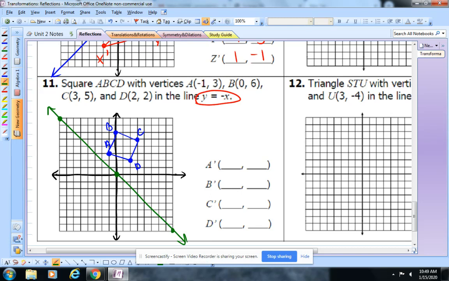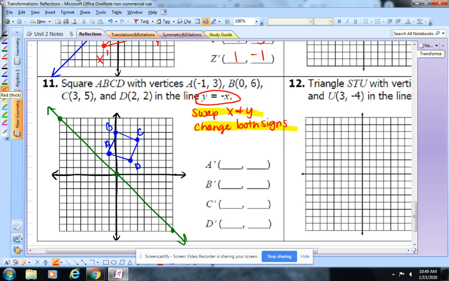When it's negative x, we're going to swap x and y and change both signs. So write that down. Swap x and y and change both signs. So if it's y equals negative x, we're going to swap x and y and change both of their signs.